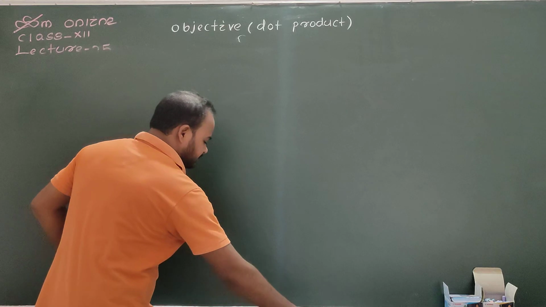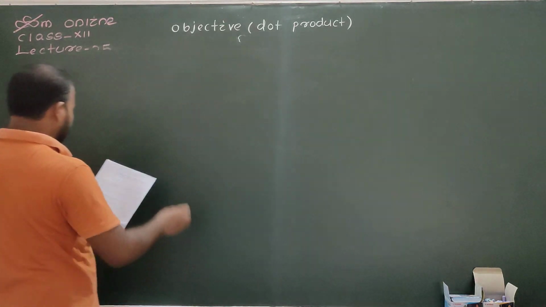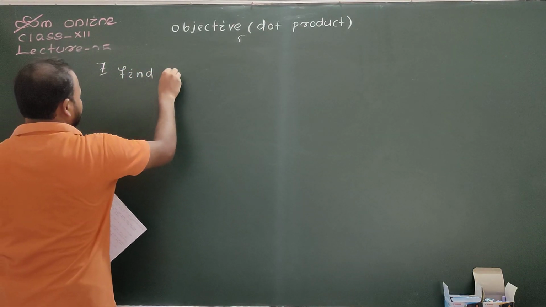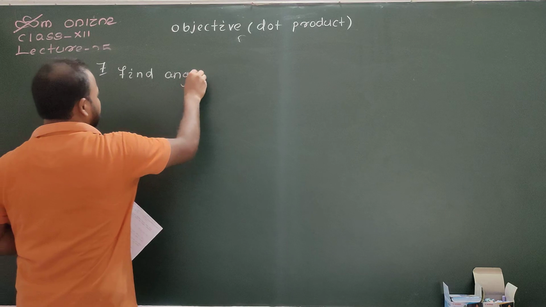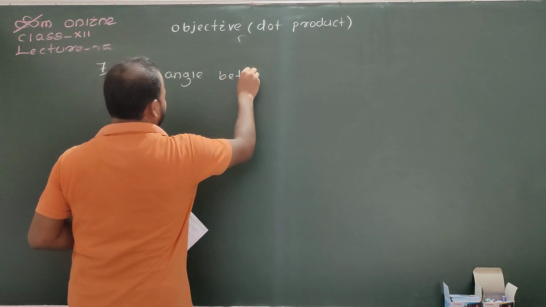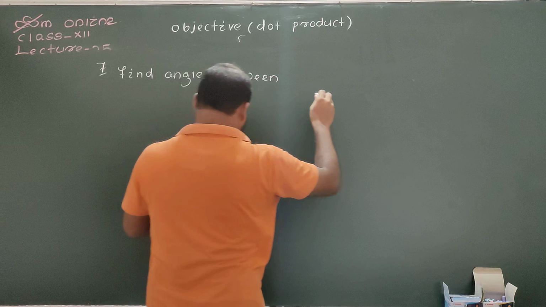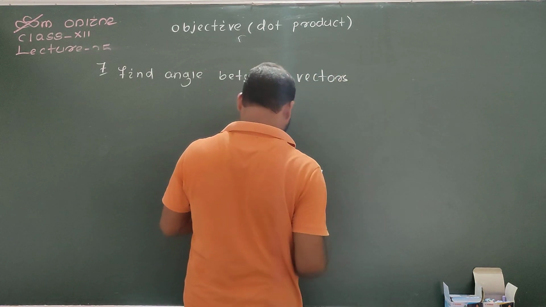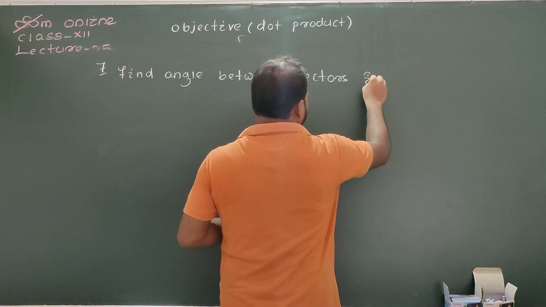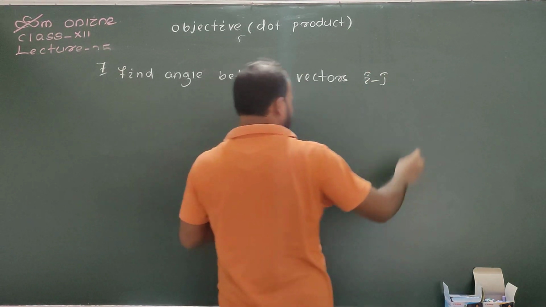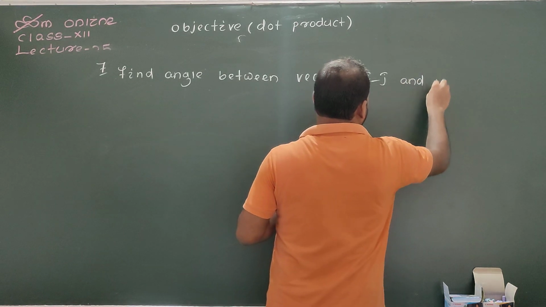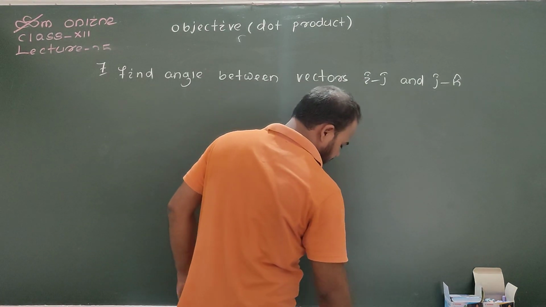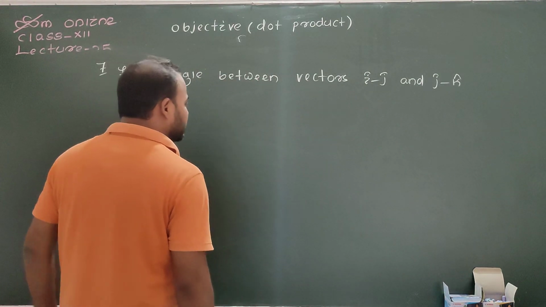Question number 7. Find the angle between vectors i cap minus j cap and j cap minus k cap. A very simple question.